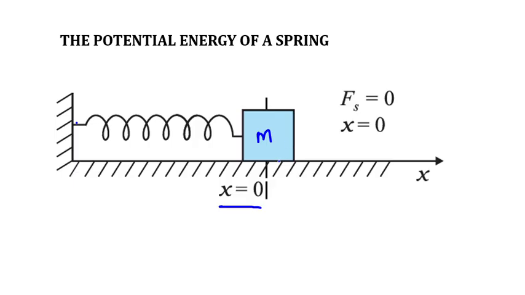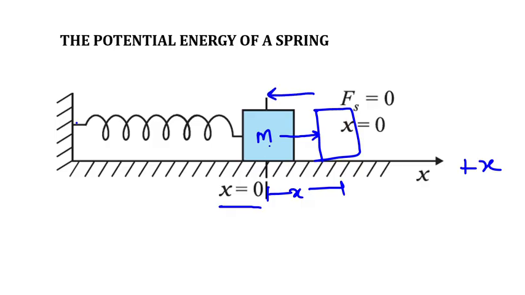Now what will happen if we move this block from here to a new position, let's say x along the positive x direction? Then the spring will get elongated and it will try to pull this block back to equilibrium.